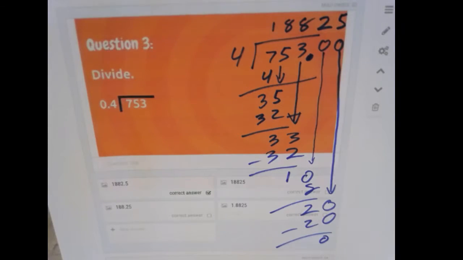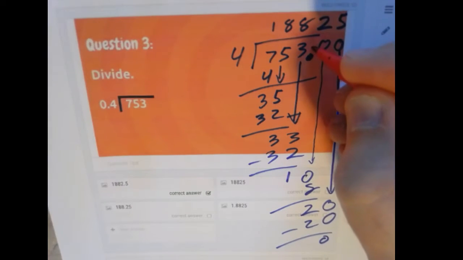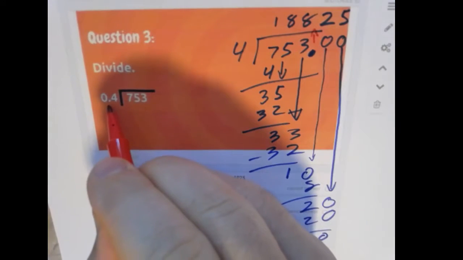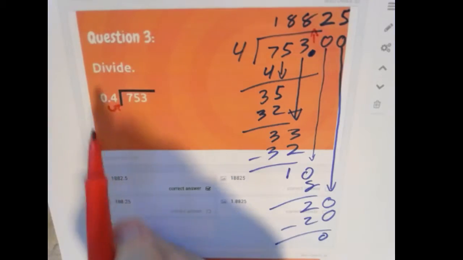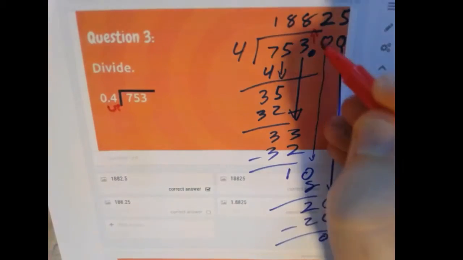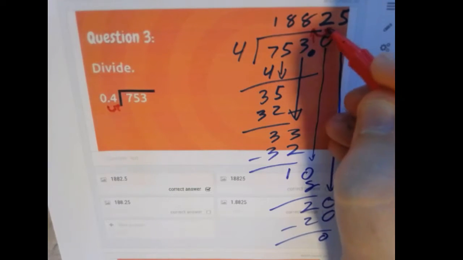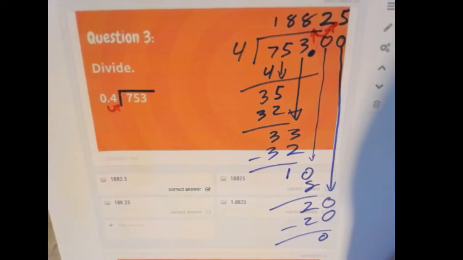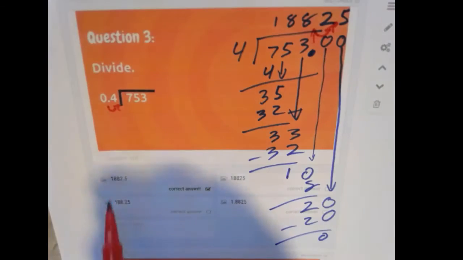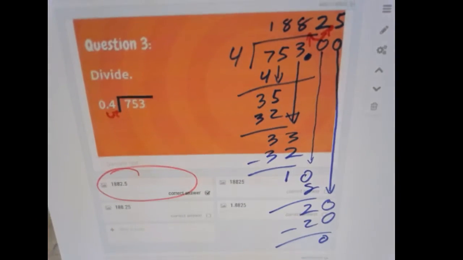So as this stands, the decimal should be placed in the quotient here. But you have to remember that because we moved the decimal 1 spot to the right, so that we were working with 4 instead of 0.4, I will move this decimal 1 spot to the right. So really what we're looking for is 1,882.5. That would be our answer.